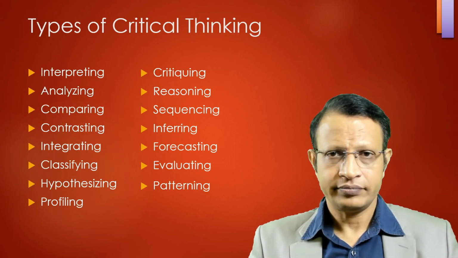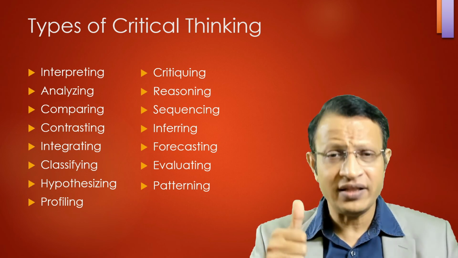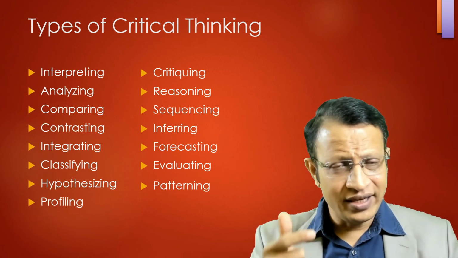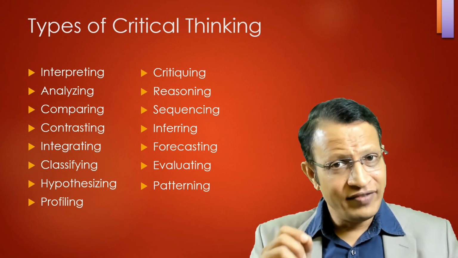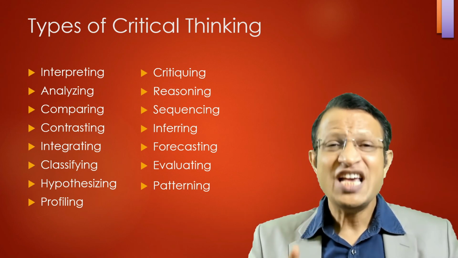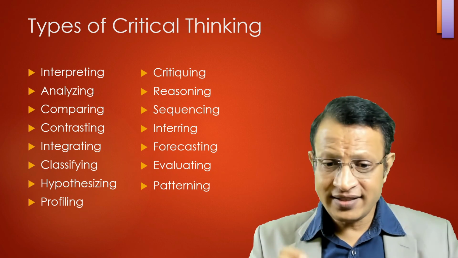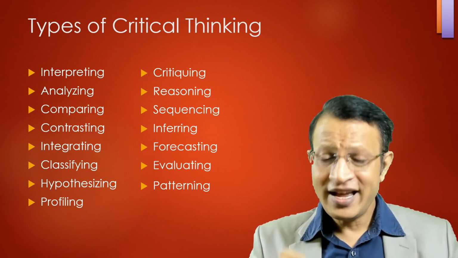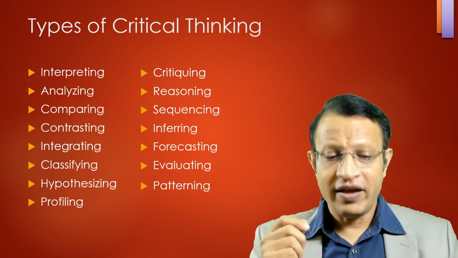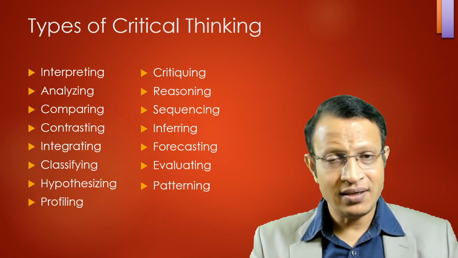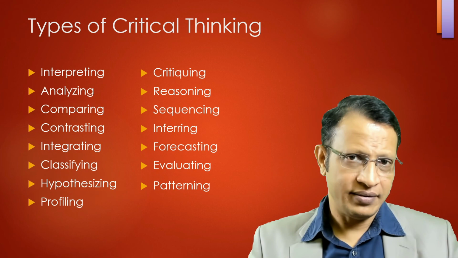Let's understand critical thinking examples. Critical thinking is more of interpreting the data, critiquing the data, analyzing the information, reasoning the information, comparing, sequencing, contrasting, inferring, integrating, forecasting, classifying, evaluating, hypothesizing, patterning, and profiling.